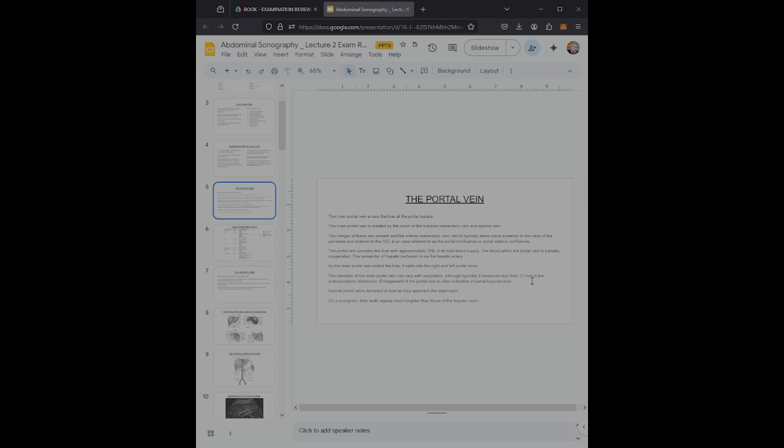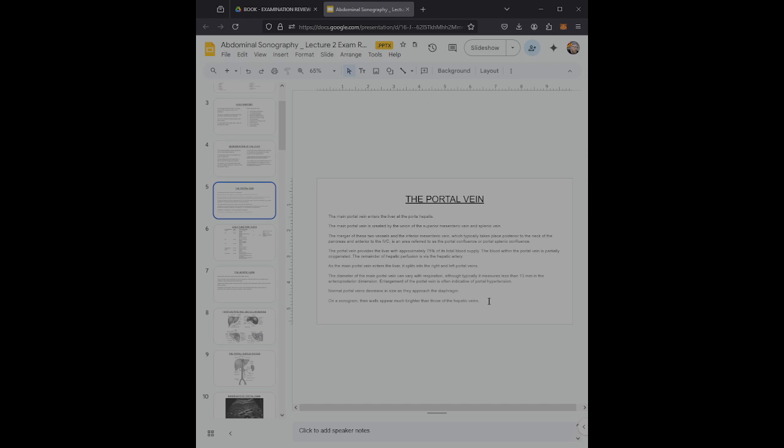and these portal veins are also considered intrasegmental because they course within the segments of the liver. On a sonogram, the walls of these portal veins appear much brighter than those of the hepatic veins. And one of the explanations for this is an increase in the amount of collagen within their walls. And normal flow within the portal veins should be hepatopetal and monophasic.